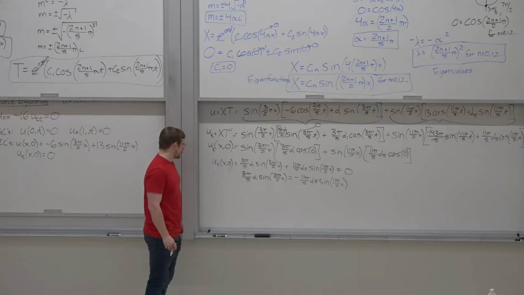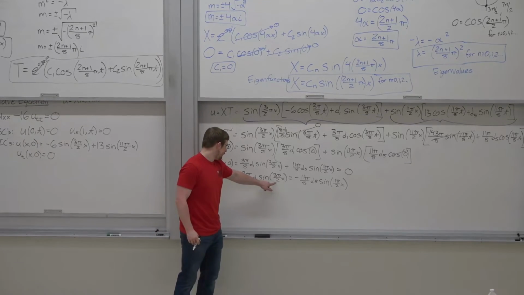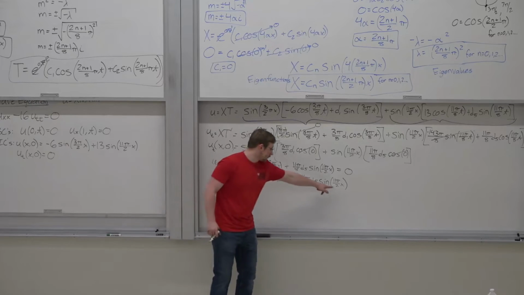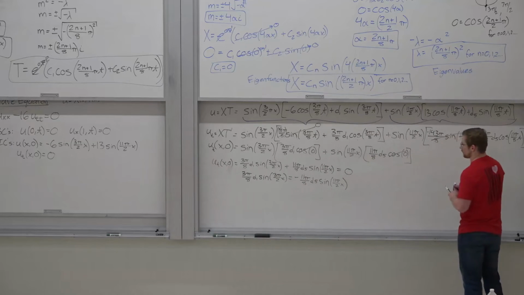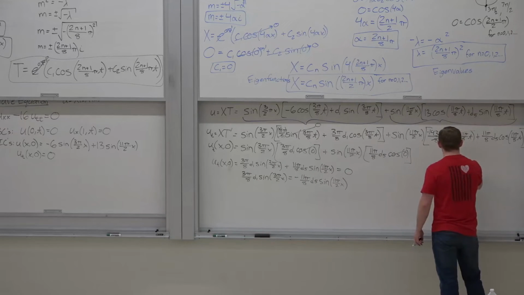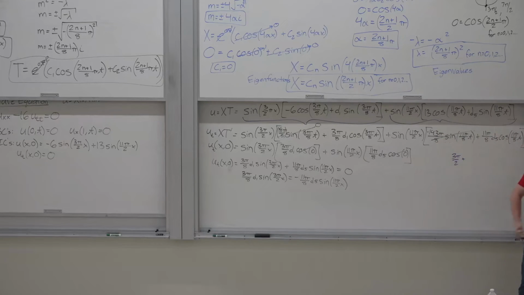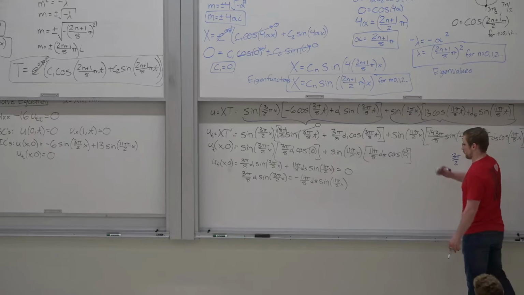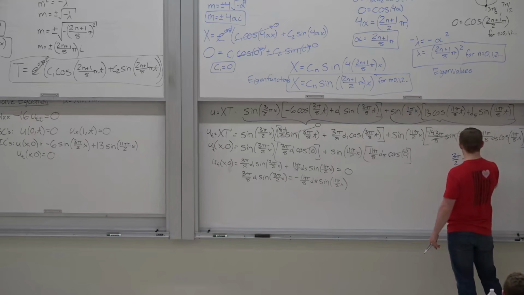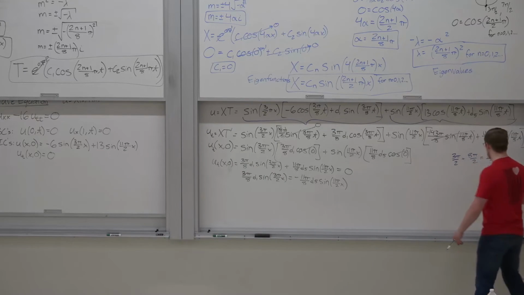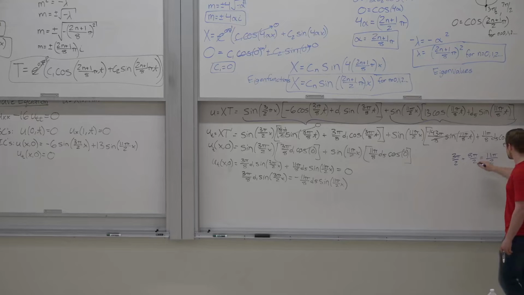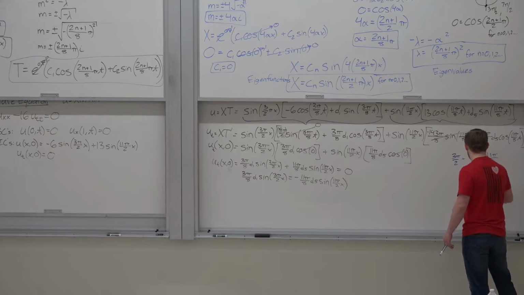Now, I know that this is equal to that, and this is just a way of simplifying. I know that 3 pi over 2, if I add a multiple of 2 pi to this, then it's just going to be the same exact value. So 3 pi over 2 plus 8 pi over 2 is equal to 11 pi over 2. But I know that this is the same thing as saying 4 pi.